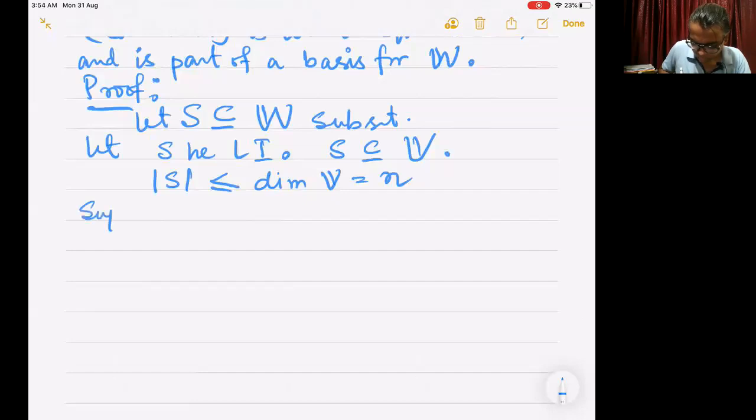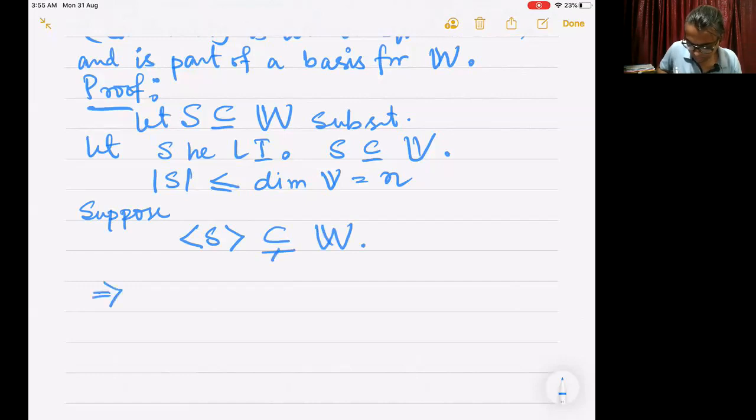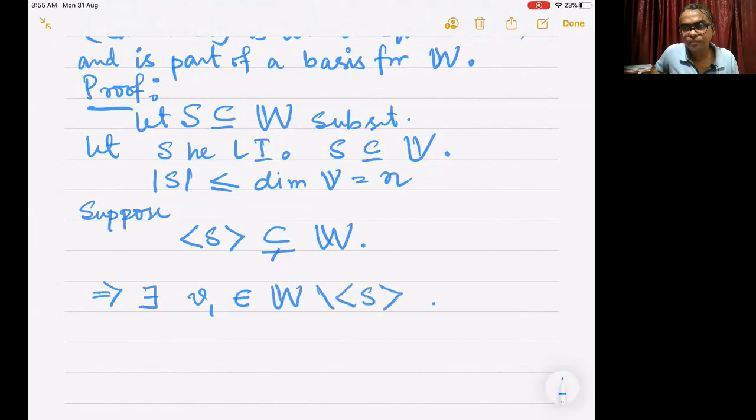On the other hand, suppose span of S is equal to W, then we already have a finite basis for W, right? S is linearly independent, as well as a generating set, spans all of W, so it's a basis. But suppose span of S is strictly contained in W. In that case, this implies there exists a vector, say V1, which is in W, but not in the span of S. Okay.